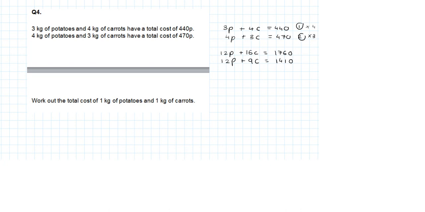Again, this time we need to subtract. So these two cancel out. That'll be 7c equals 350. 350 divided by 7, so the carrots are 50 pence each.